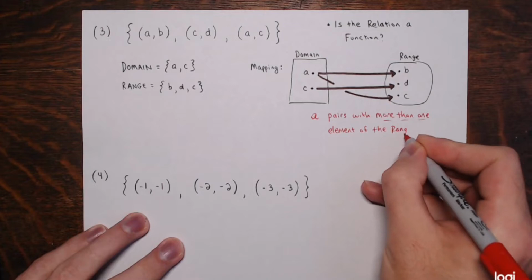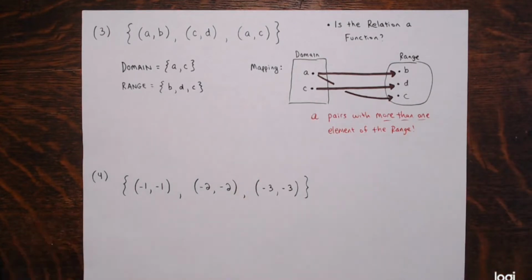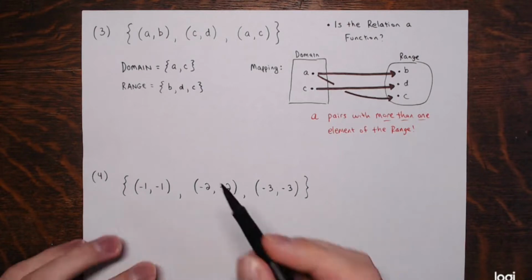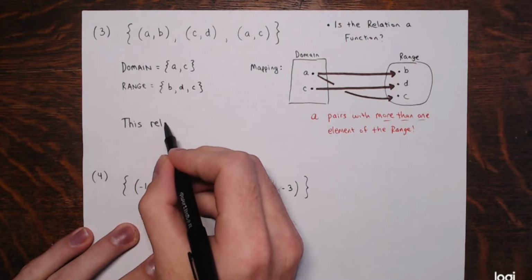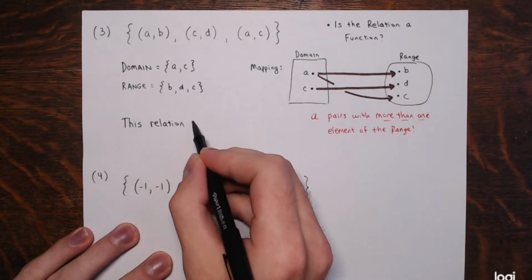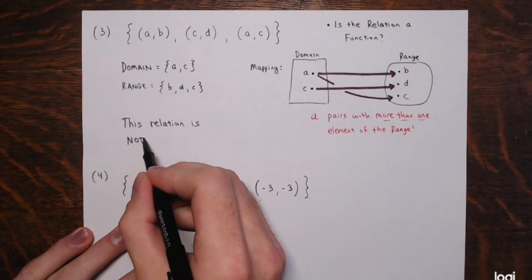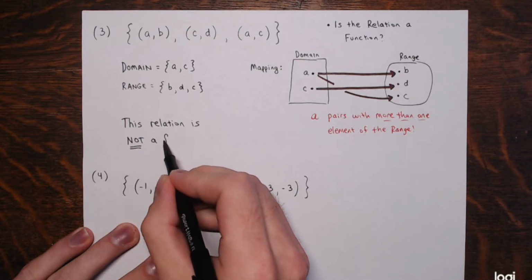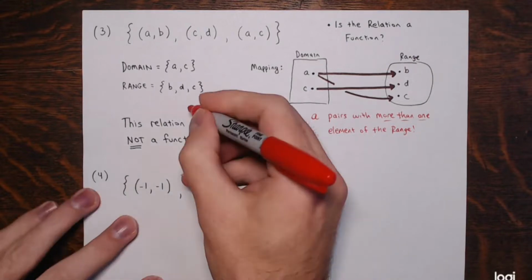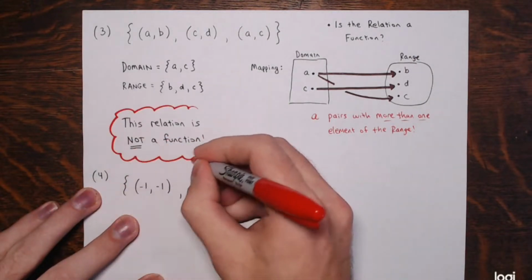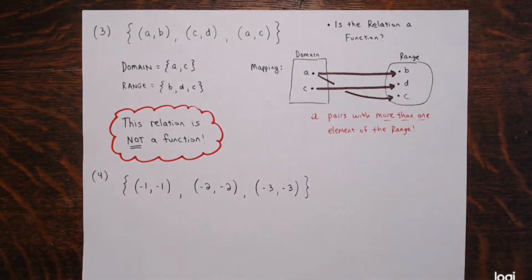Not exactly one. And as soon as you find one element of the domain that does this, it's not a function. In a function, every element of the domain has to pair with exactly one element of the range. So this relation is not a function. Simple, simple, I feel.